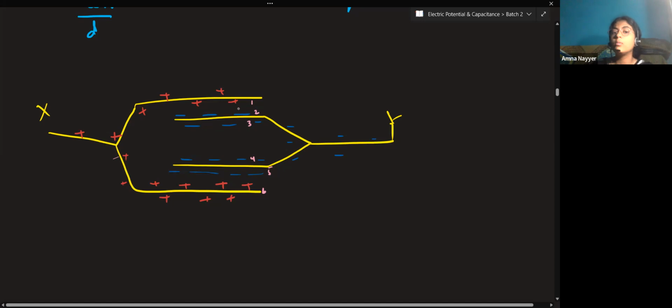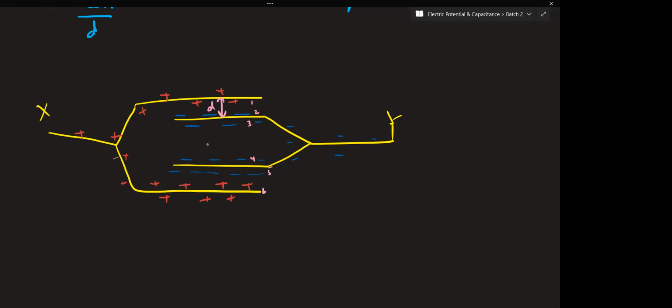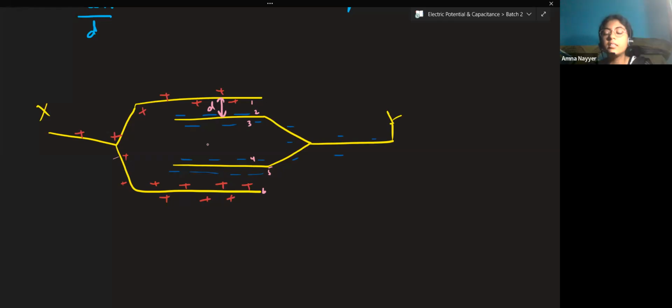The prime concern is to identify whether it's a capacitor or not. One plate is positively charged, plate 2 is negatively charged. It means we have a capacitor. Let's say the separation is d. Plates 3 and 4: is it forming a capacitor? No, it's not forming a capacitor. Reason, Fatima?